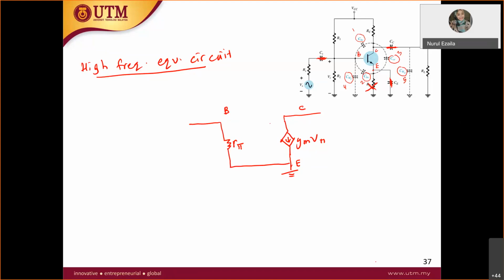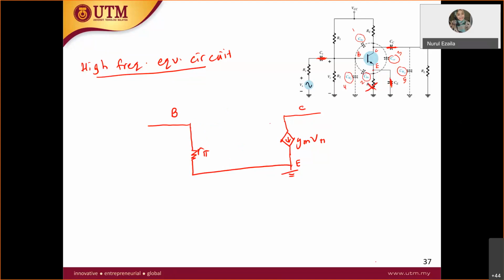For example, I want to put my resistor at the back. I want to draw like this, a bit far from here. So this is your R pi, and this is your base.